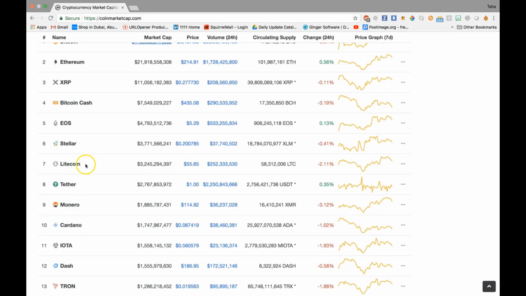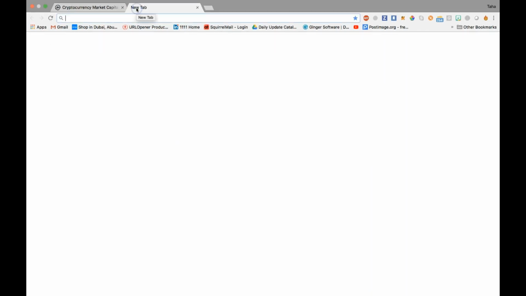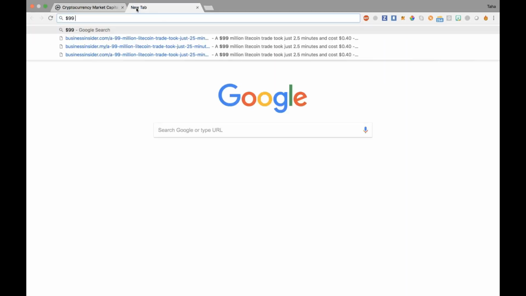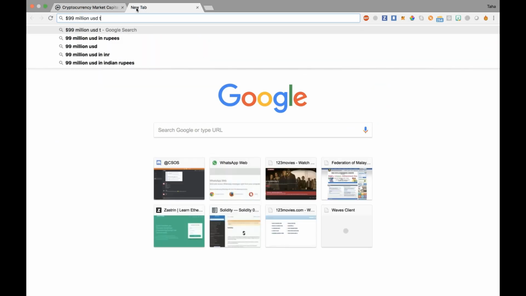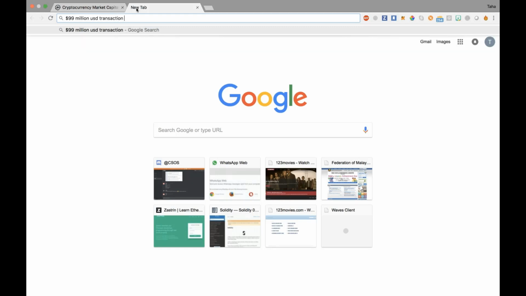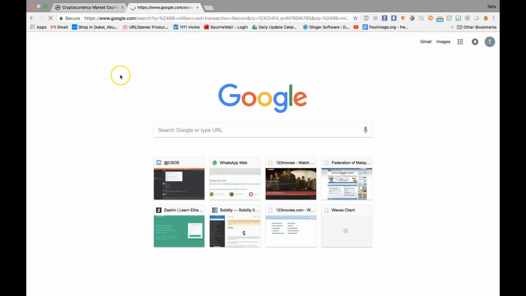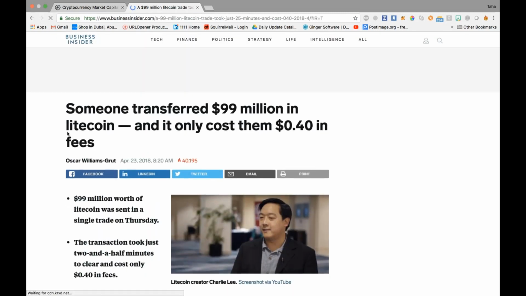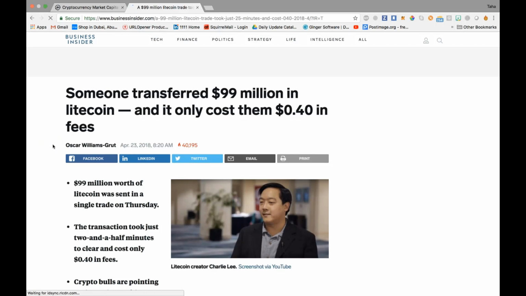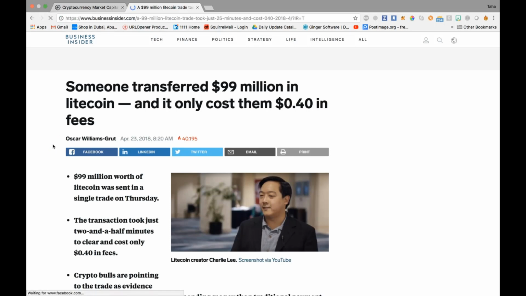It is a very famous coin, Litecoin. And recently there was a transaction, you can check online as well, a $99 USD transaction in Litecoin, using the Litecoin cryptocurrency, of almost $100 billion.